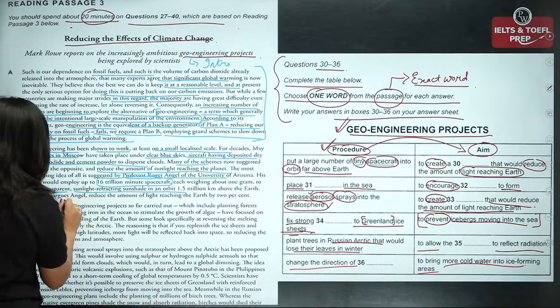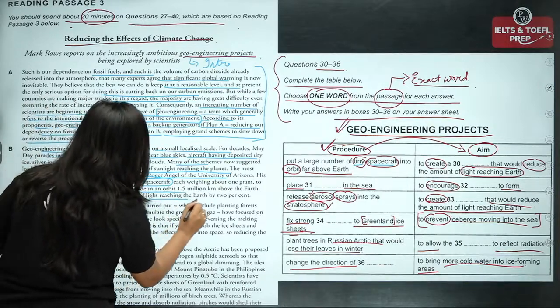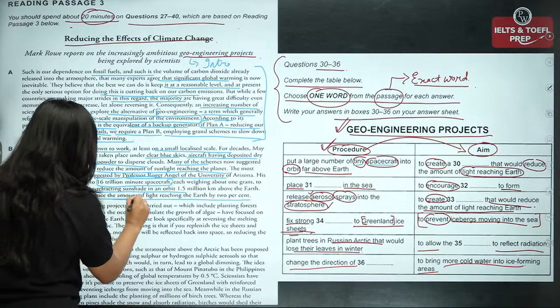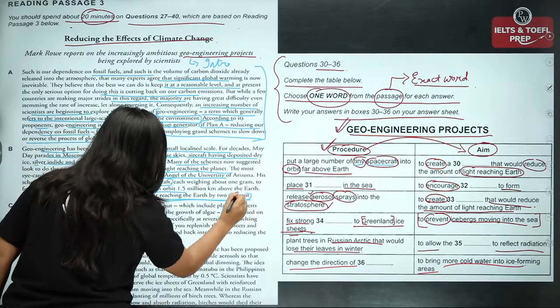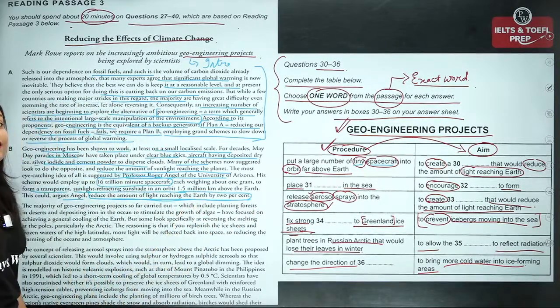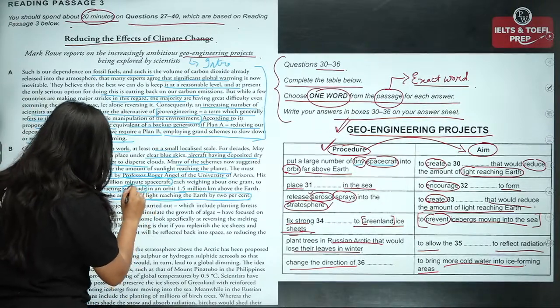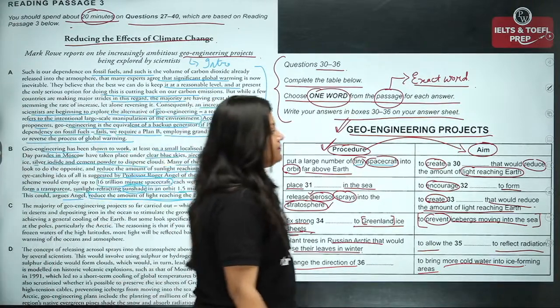This could, argues Angel, reduce the amount of light reaching the earth by 2%. What is going to reduce the amount? This is the aim, and what is leading to reducing the amount of sunlight? This is going to be your answer.